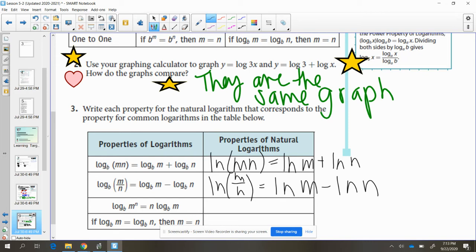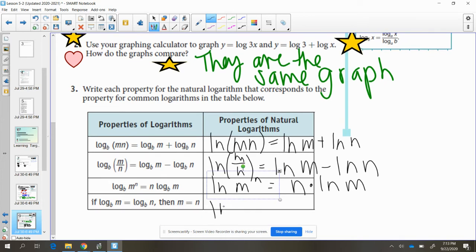Dividing on the bottom is the second term there. Ln of m to the n power means we could write that n out front. And last but not least, if ln of m equals ln of n, then m is equal to n. So they work whether we're talking about common log, natural log, really logs of any base as long as they have the same base.